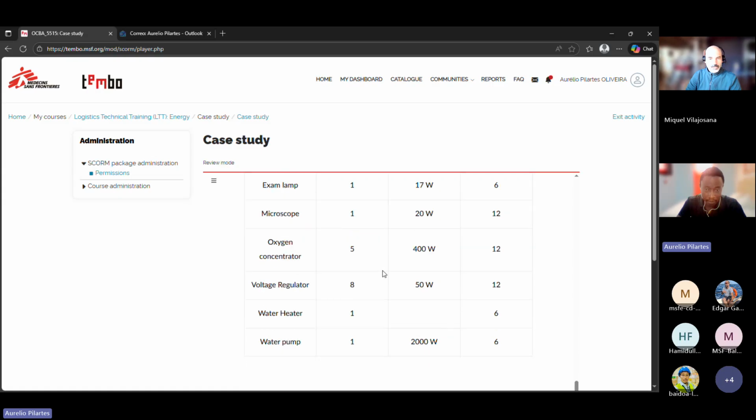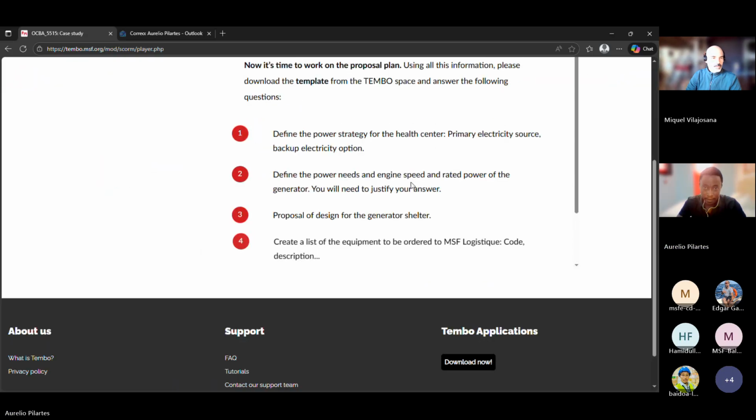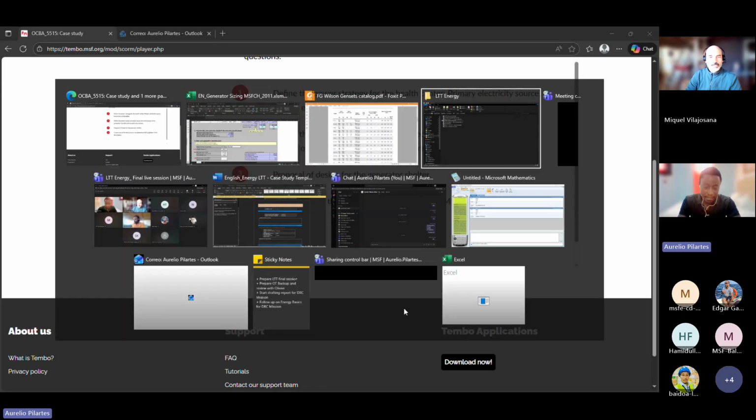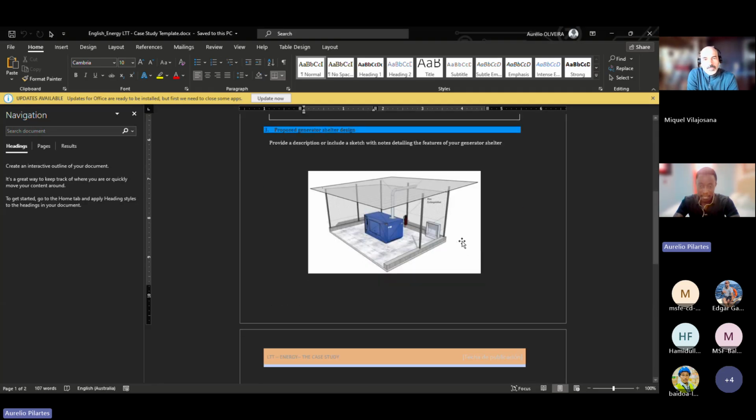Now, what we are still missing is to do all the rest. A design for the generator shelter. Here, I don't know if you guys had time to go over the document. There is a document about the design of the power generators, the minimum requirements that you should meet when proposing a design for your power generator.